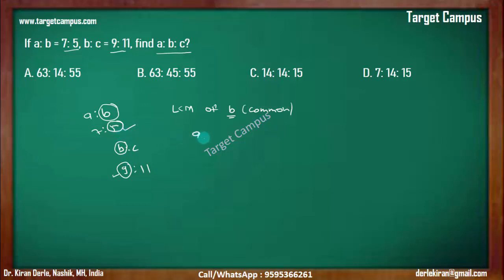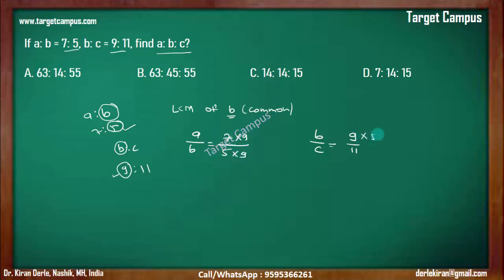This is nothing but a upon b, which is 7/5, and b upon c is nothing but 9/11. So we have to multiply this by 9, so this will also get multiplied by 9, so the value of ratio doesn't change.